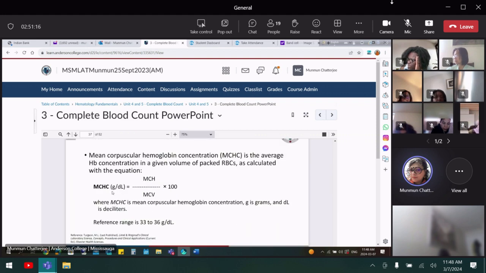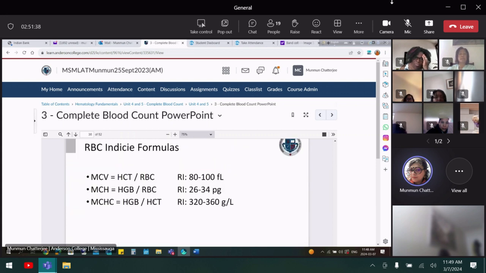One more is the MCHC, where you have the mean cell hemoglobin and the mean cell volume. So MCH divided by MCV times 100 is going to give you the MCHC.